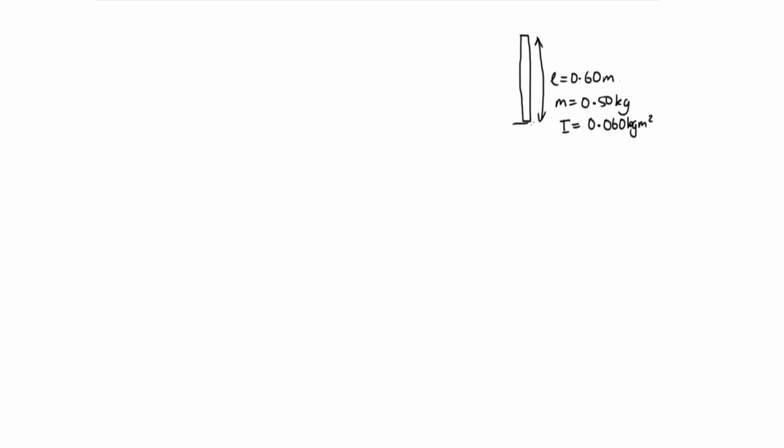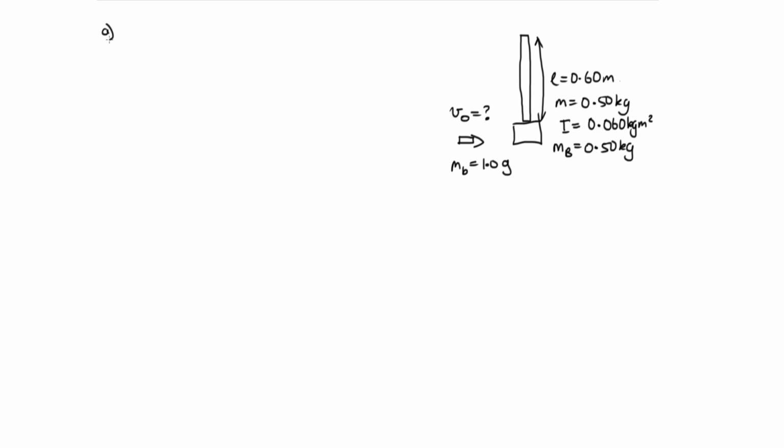And then on the end of the rod is a block that we're told we can treat as a point mass. So the mass of the block is equal to 0.50 kilograms. And heading towards that block, we've got a bullet here, and the speed of the bullet is unknown, but the mass of the bullet is equal to 1 gram.